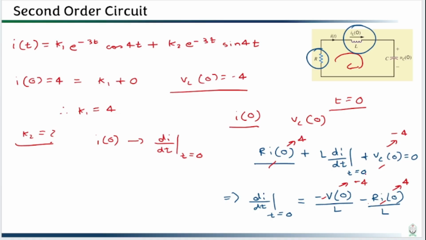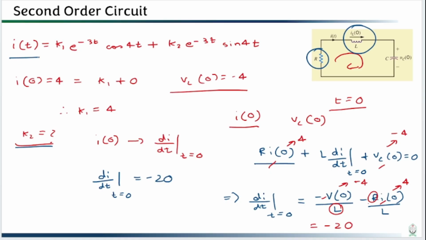With the given values of L and R, we get minus 20. So we have calculated another initial condition that we can use to calculate K2: di/dt at t equals 0 is minus 20.